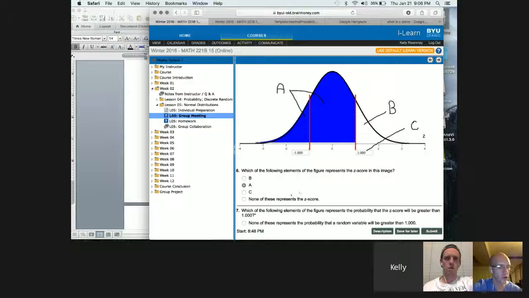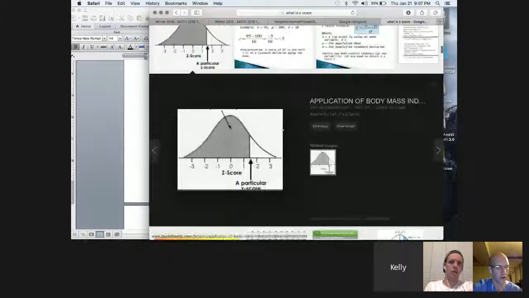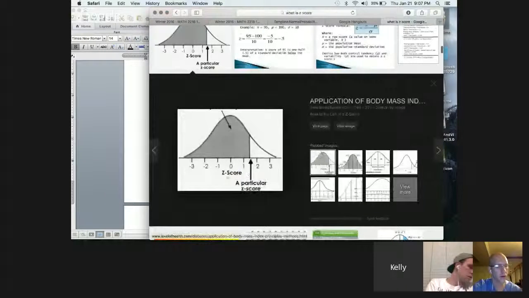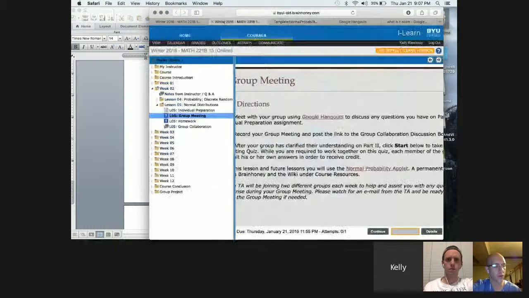So let's go back. I'm going to put in the 1 and the -1 again to see if that makes a difference. So number 6 would be none of these. Now I have the same as what you have for 9: 0.3173.